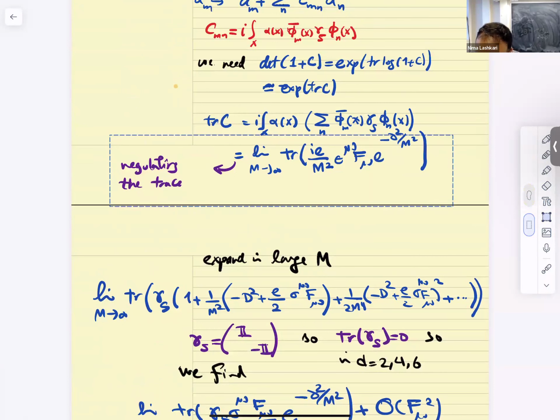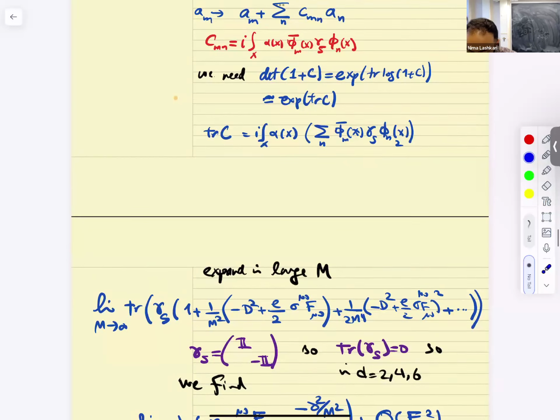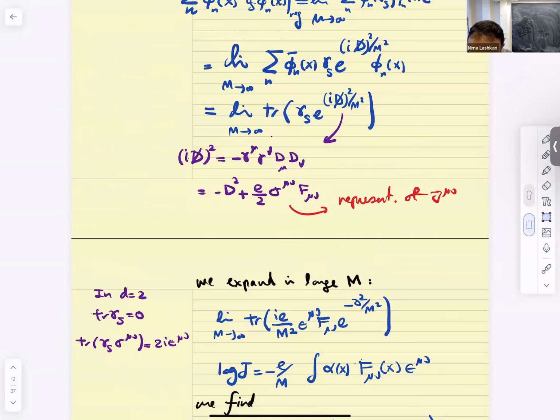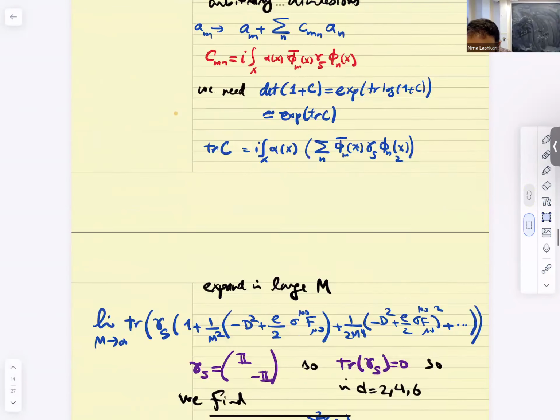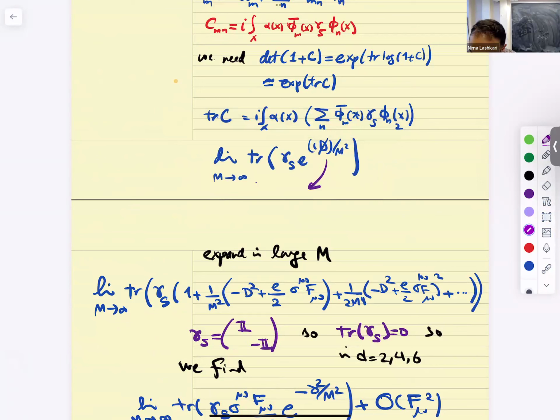Let me go slower. What I should copy here is this equation. Yeah, oops. What I should copy is this thing. Copy. Paste. Right?